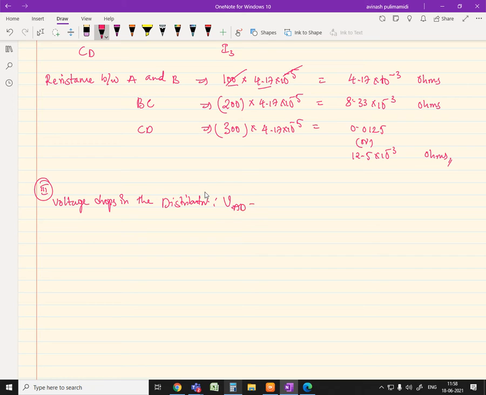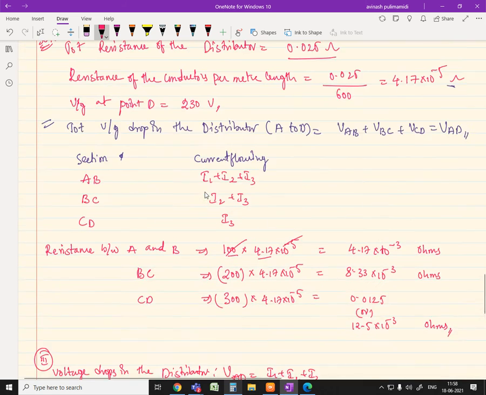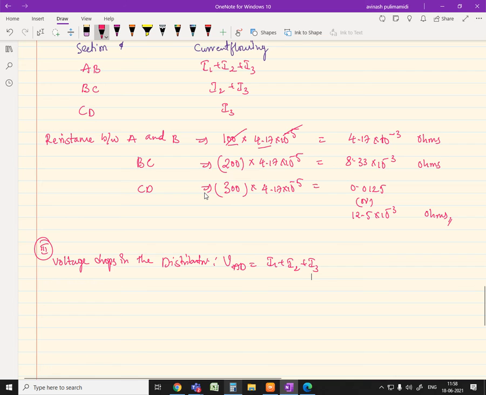VAD. VAD is equal to (I1 plus I2 plus I3) into R1, plus (I2 plus I3) into R2, plus I3 into R3.